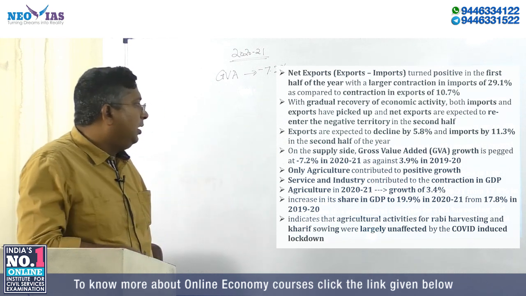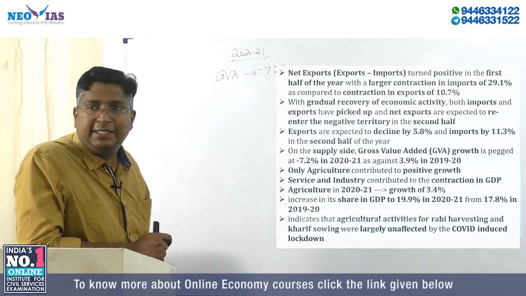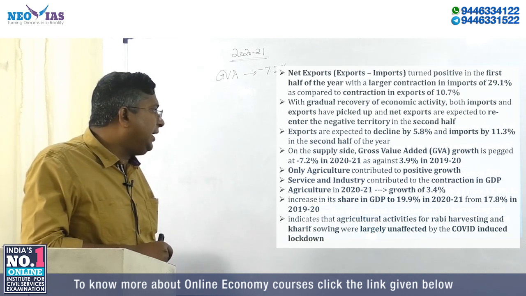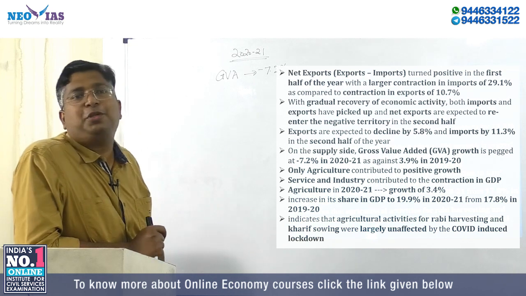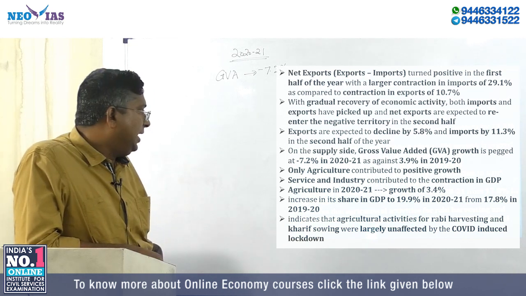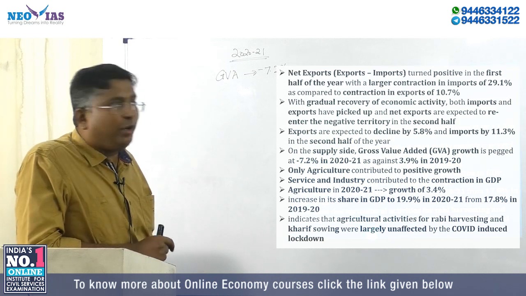Now, this is very, very important. From the supply side, only agriculture contributed to positive growth, because agriculture grew by 3.4%. Services and industry contributed to the contraction in GDP.